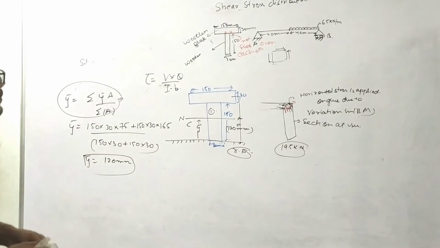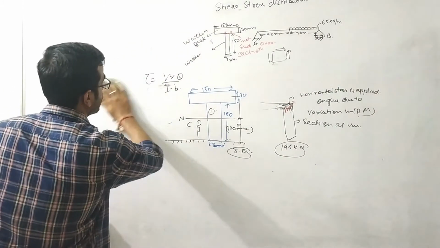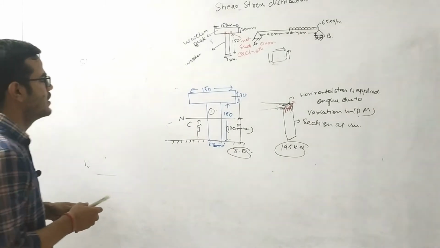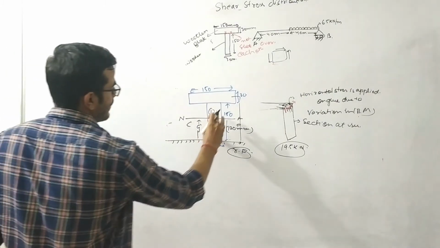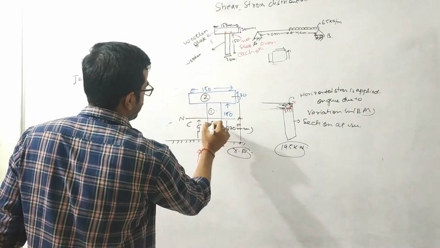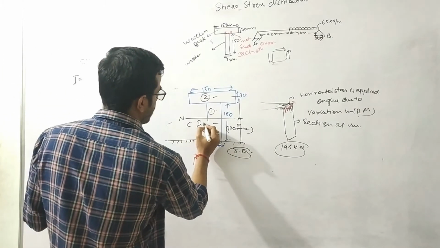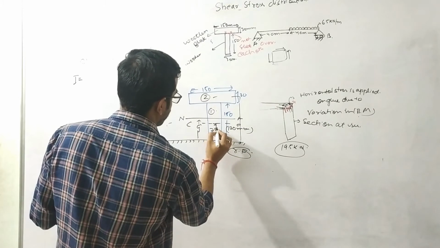Now I need to calculate the moment of inertia. I will first consider this portion, then this portion. For this portion, the centroid is at 75.